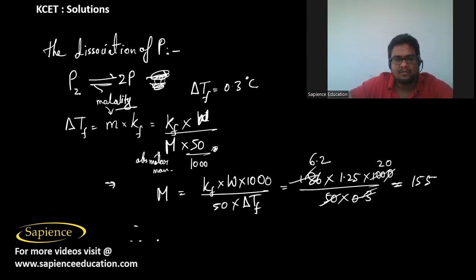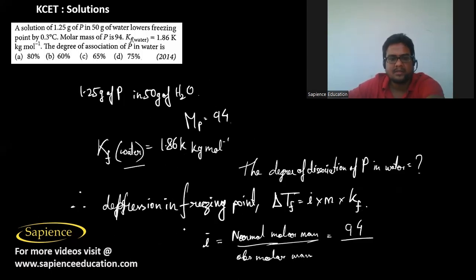So therefore the Van 't Hoff factor i, that will be the normal molar mass by the observed molar mass, which is 155. So 94 by 155, that is approximately 0.606.